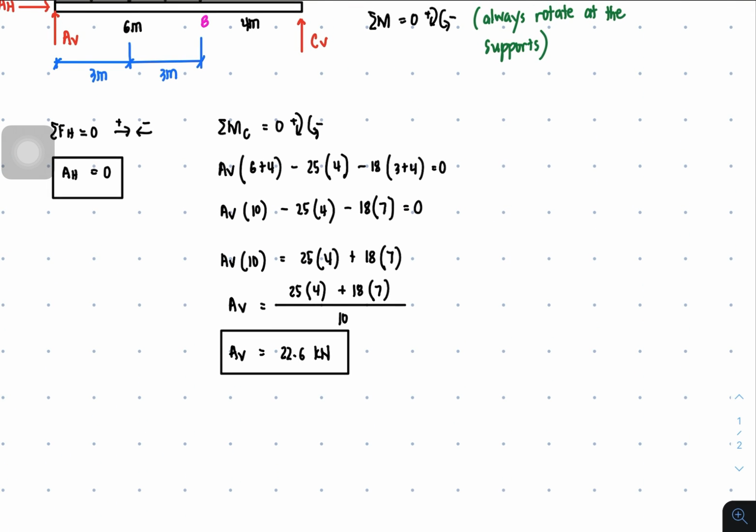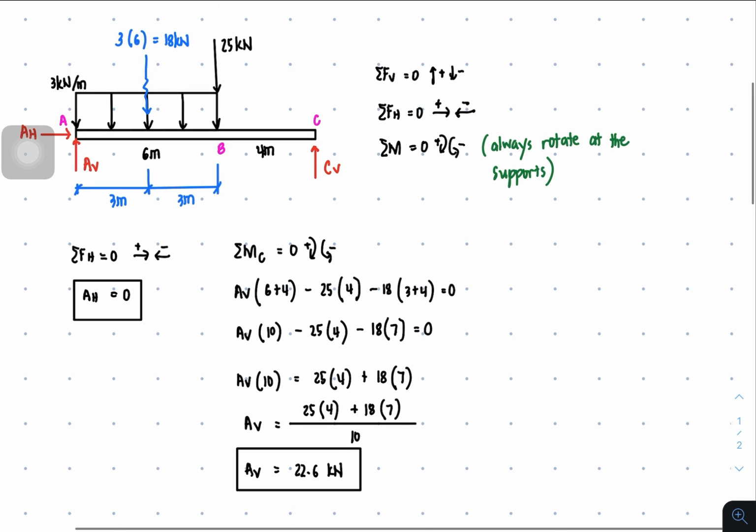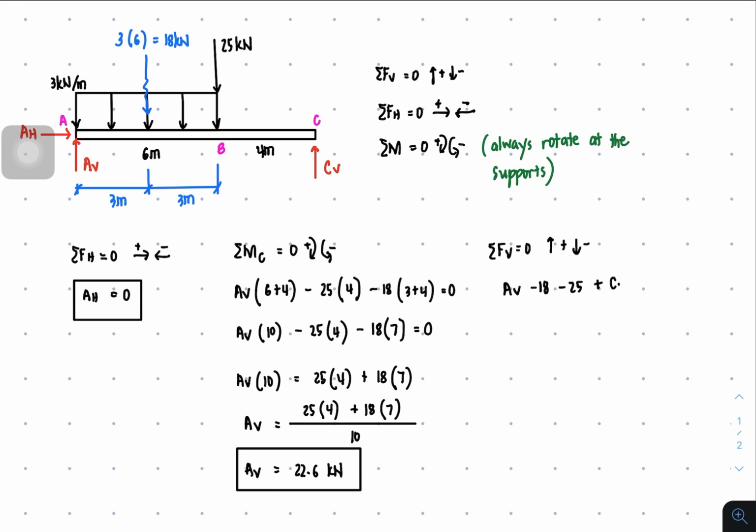This time we're ready to use the summation of forces vertical equal to 0, upward positive and downward negative. So what are the forces? Vertical, you have AV, which is upward. Then you have 18, which is downward, so that's negative. You also have 25 downward, so that's negative. And the last one is CV, which is upward, so it's positive, and that's equal to 0.